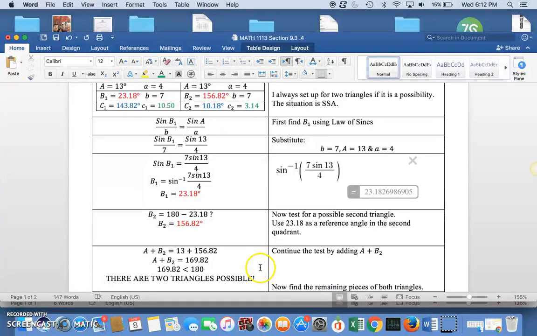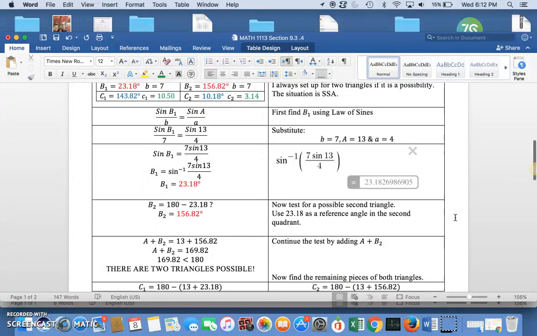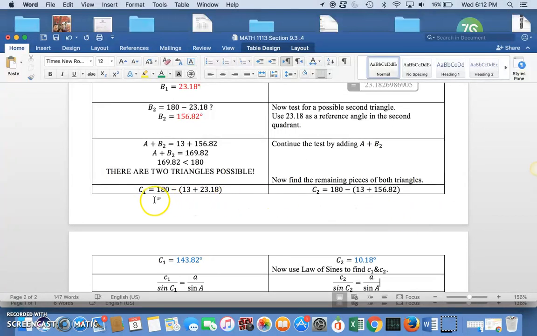What's left is to find angles for C and sides for C. Be real careful about doing it. Basically break the triangles up into two separate triangles now. To get angle C, we take the two angles that we knew, 13 and the one we found, 23.18, and we end up with 143.82.